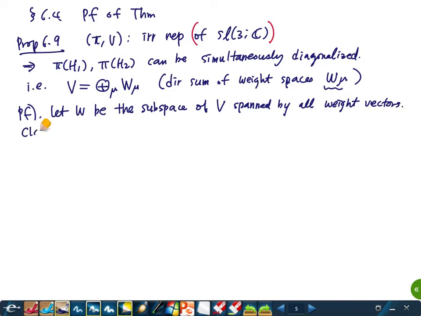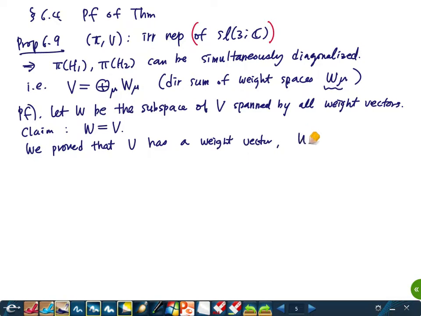So the claim is that W is not just a subspace, but is the whole space. We already know that there is at least one weight. We proved last time that V has at least one weight vector. So W is not 0.